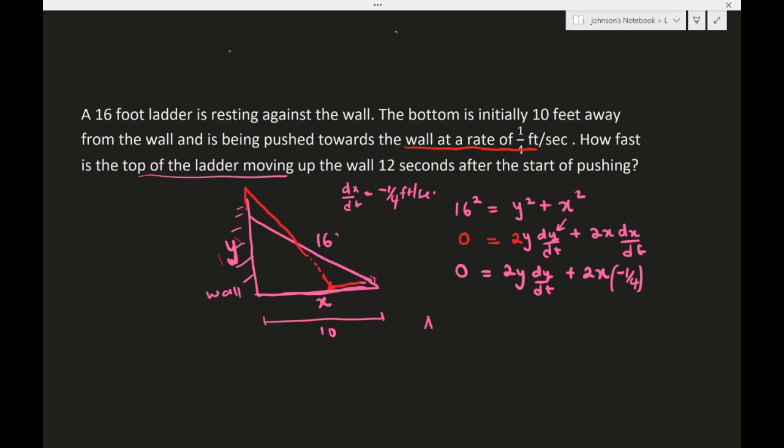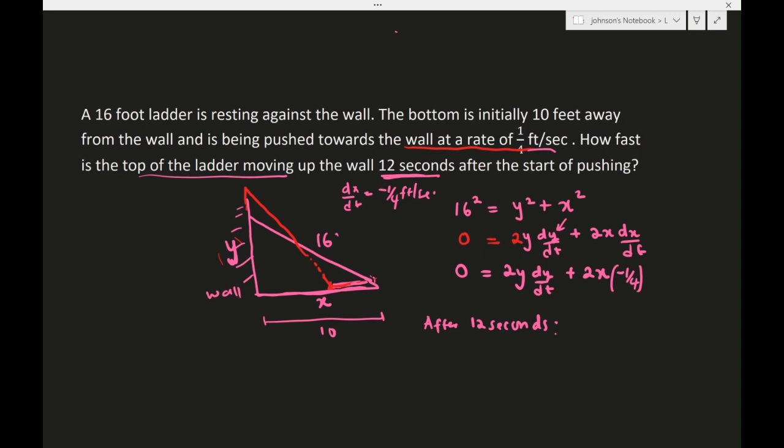So now we can see that after 12 seconds, if you keep pushing this forward for 12 seconds at this rate, it's going to cover a distance here. So we want to know what will be the horizontal distance left.